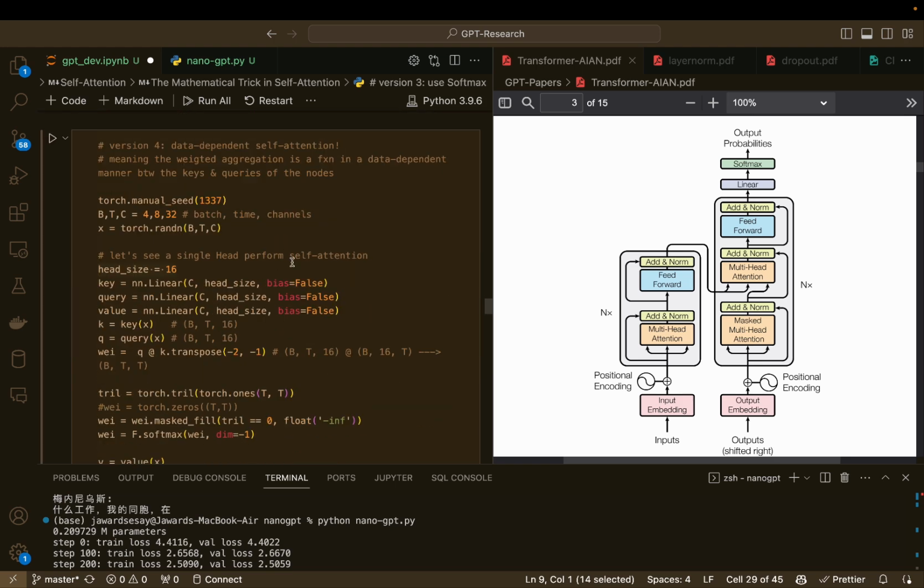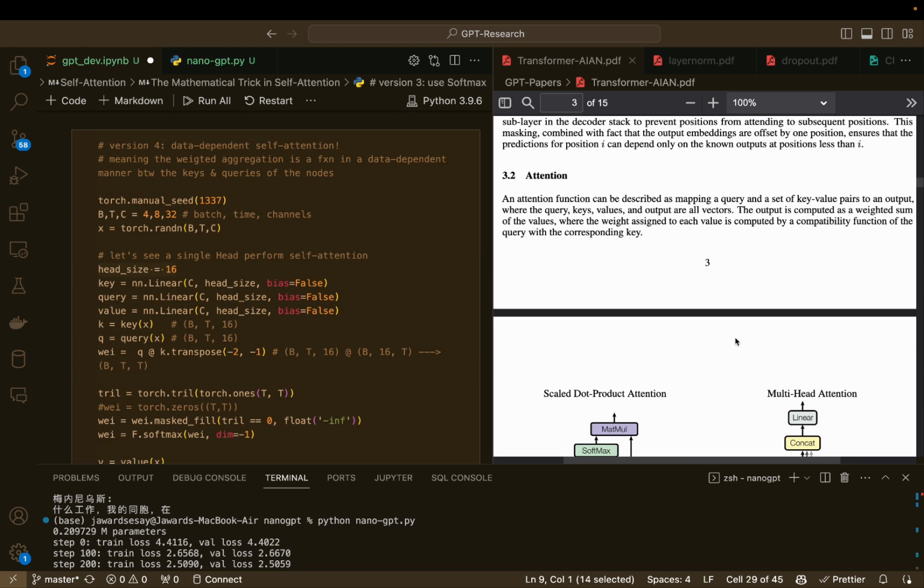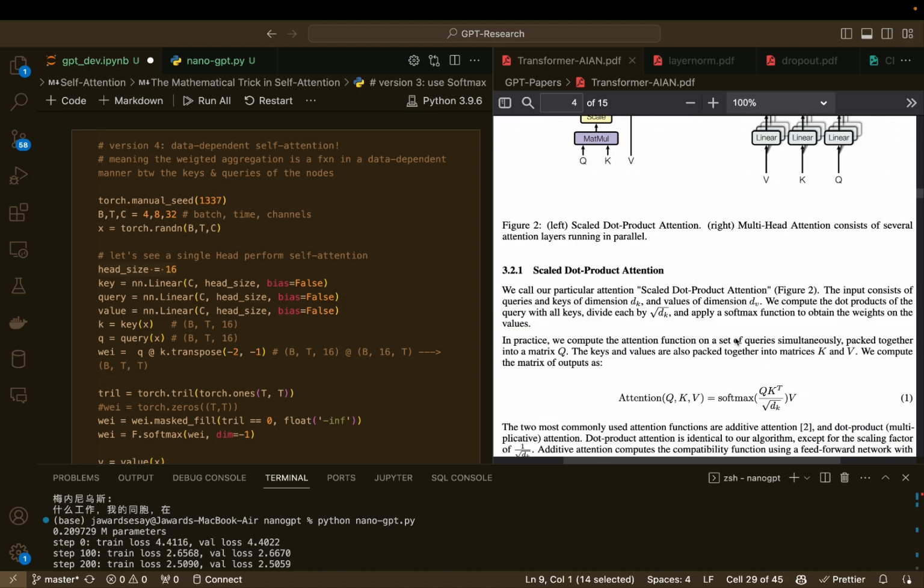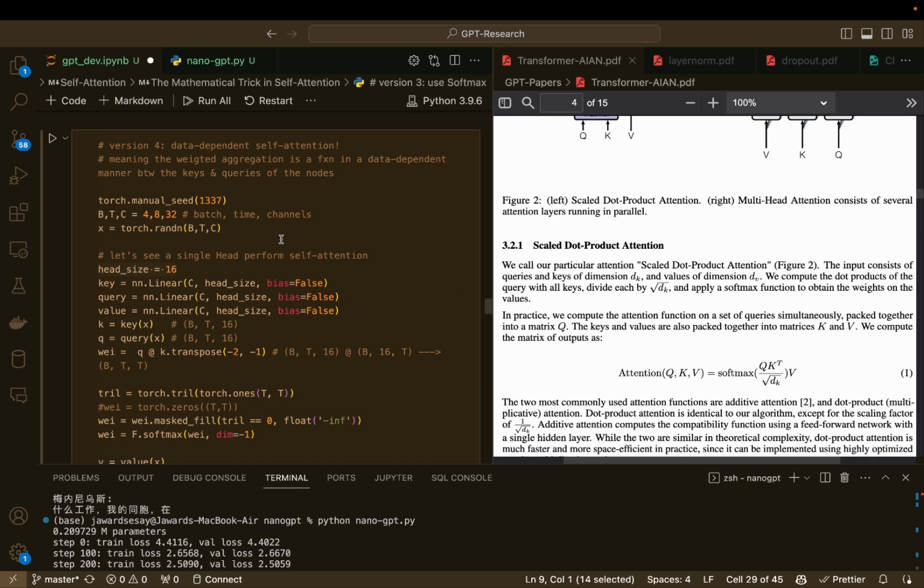Instead, if we look at the paper here, scaled dot product attention, instead of setting all those tensors to zeros, we're actually making use of what we are looking for and what we have. For example, the key here is what we have for a particular node, the query here is what we are looking for, and the value here will be the output of that.